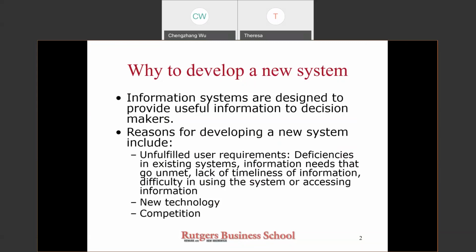Next, we will consider the system life cycle, which describes the stages through which all systems pass. And finally, we will discuss the system development life cycle, which comprises the steps required to actually develop an information system.